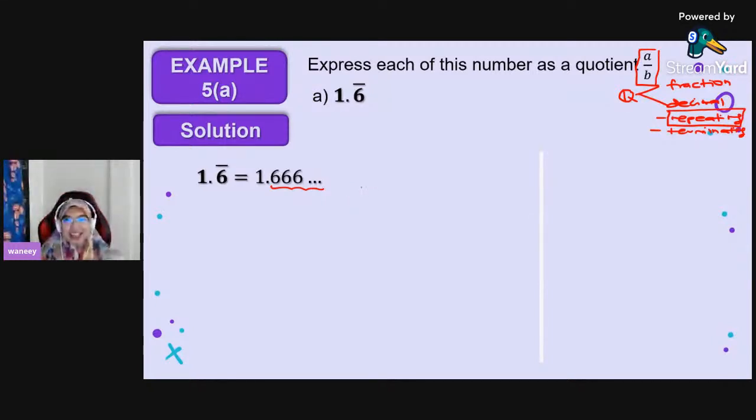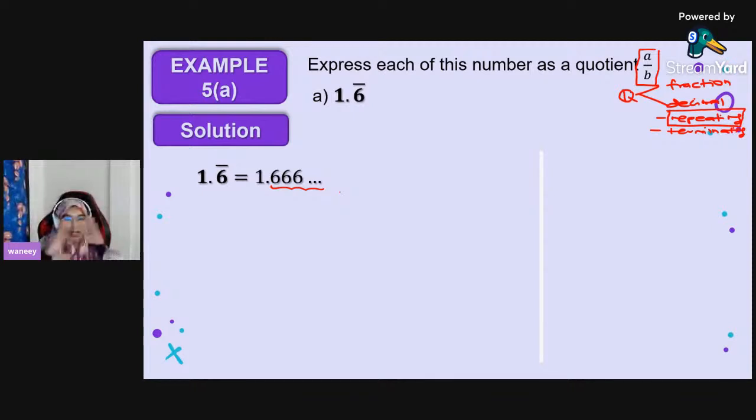So we always repeat infinitely. Of course, in order to calculate this, we are going to use S infinity, the sum to infinity. Let me separate them first into two: firstly the number that is not repeating, and then the number that is repeating.